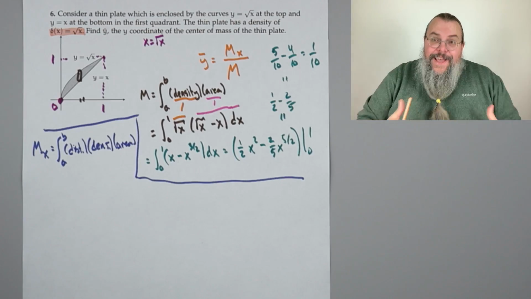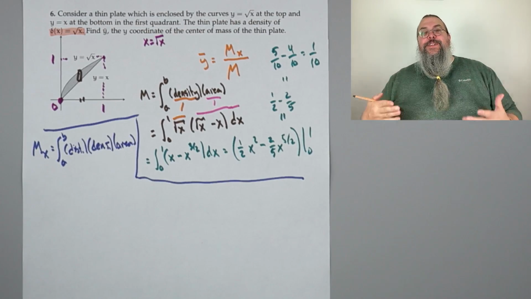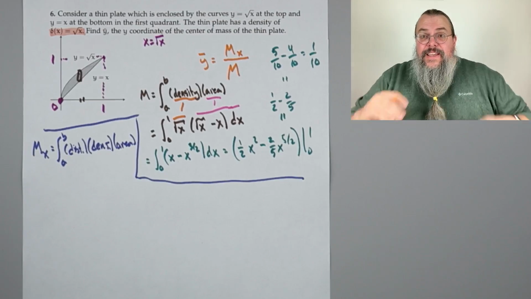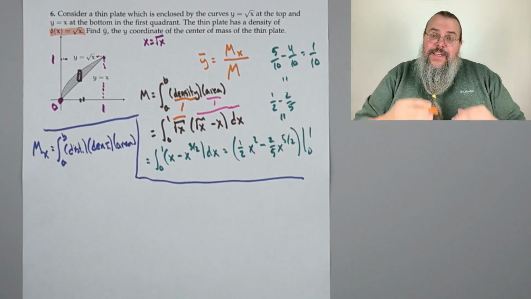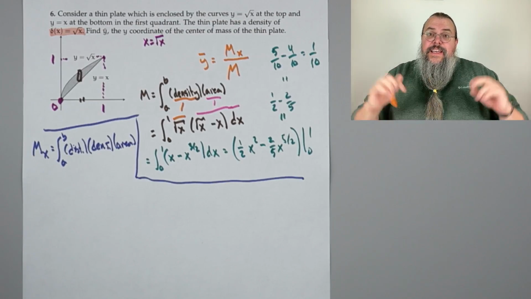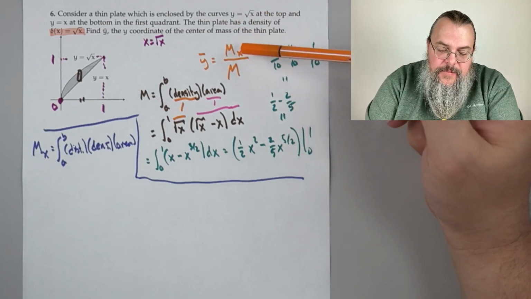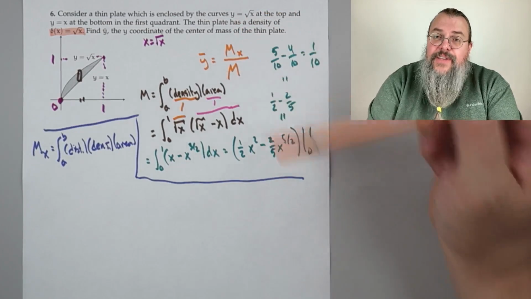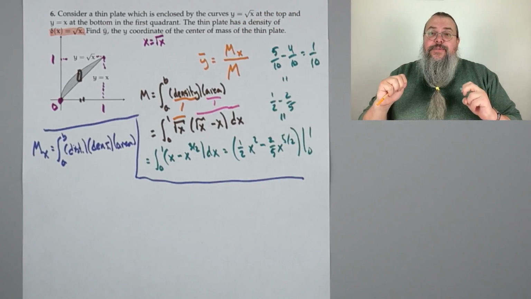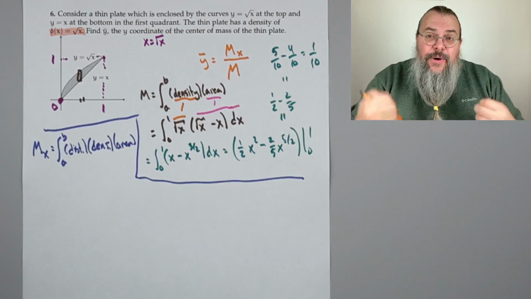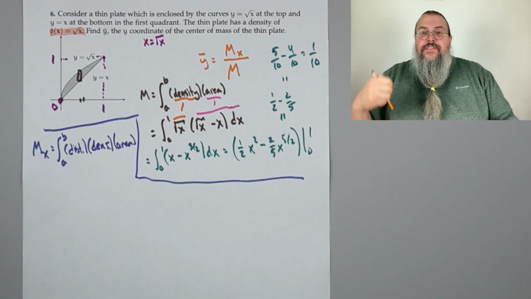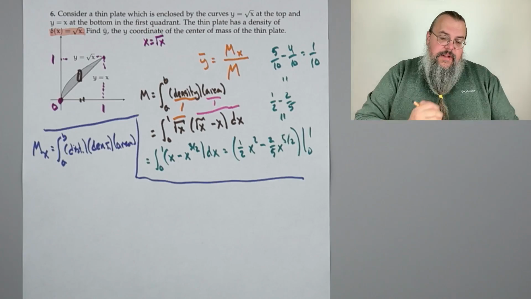Well, the reason we do it with respect to the x-axis is that the distance is measured by y. Essentially what's happening here is when you find y bar, you're averaging your y values based upon how heavy your pieces are. So heavier pieces get more weight.